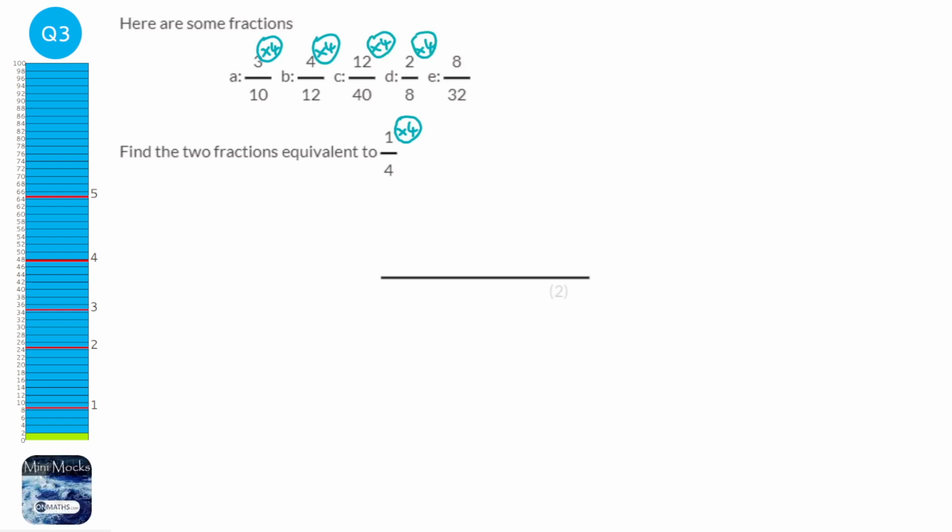So our first answer is D. And let's see if there's a match for our last one, which hopefully there is. 8 times 4 is 32, so there is a match for our last one as well. So those are the two fractions.